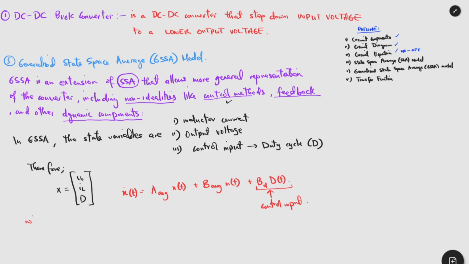The A average, the B average, and the B_D are now regarded as the system matrices that account for average system dynamics.